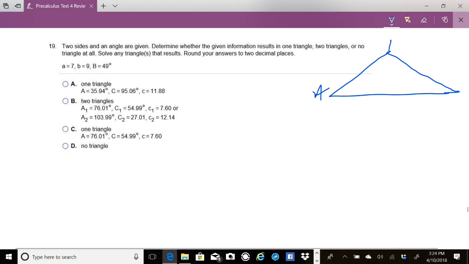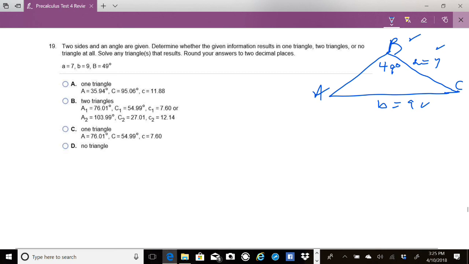A, B, C. A is 7, B is 9, and angle B is 49 degrees. So we got capital B and little b, and then we have side A.